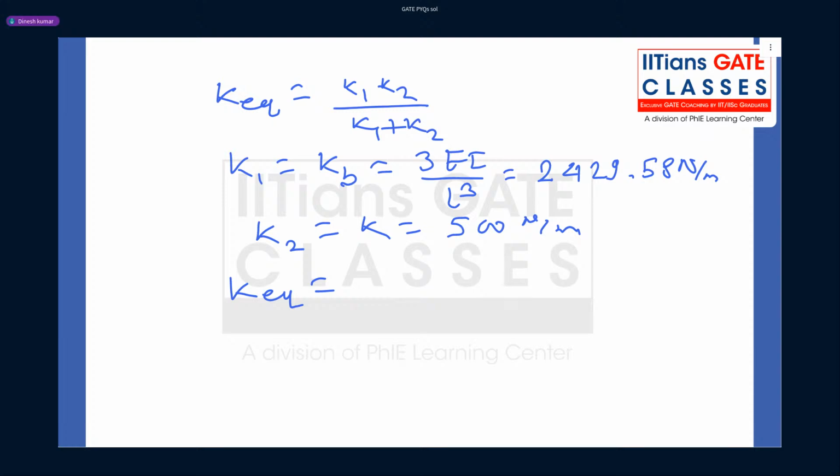And further, my omega n is nothing but root of K equivalent by M, and the final value is 20.36 radian per second.